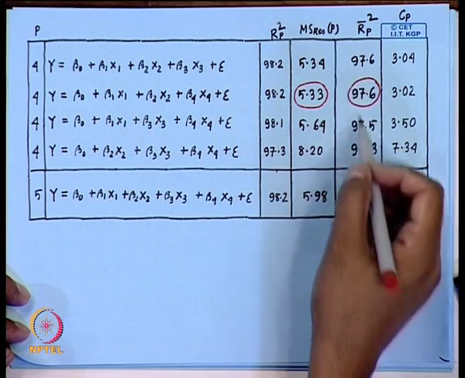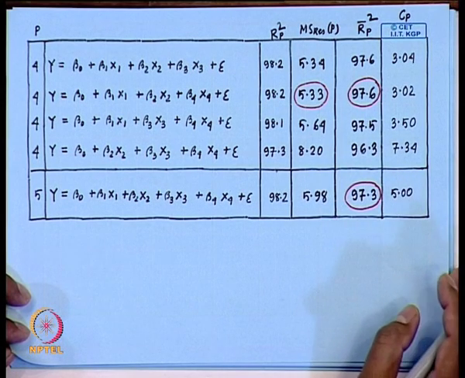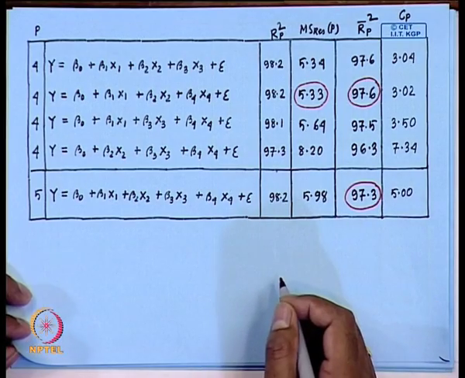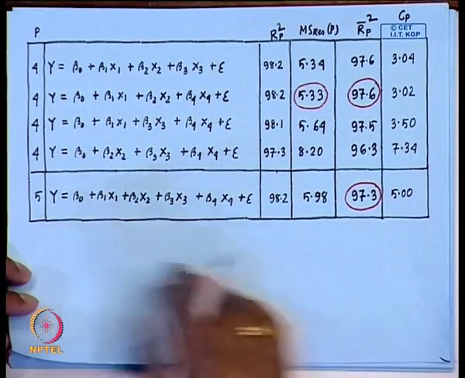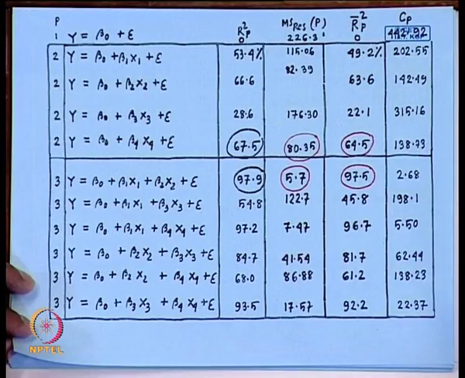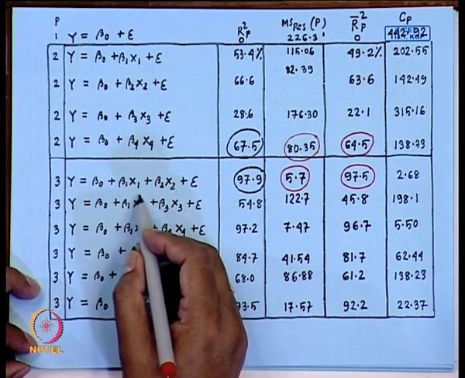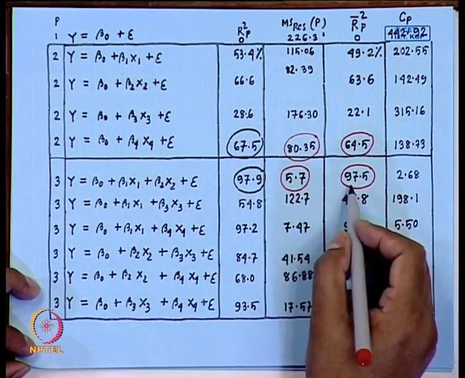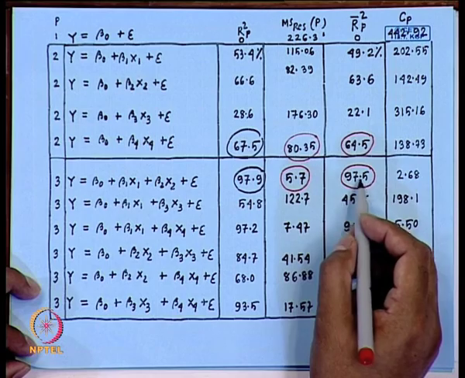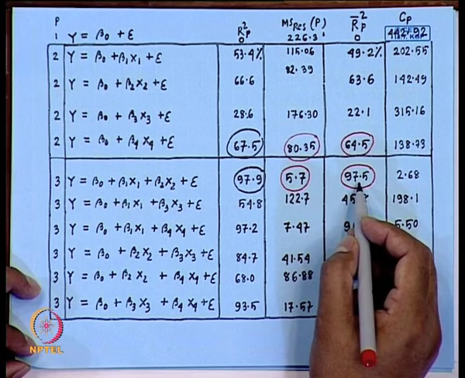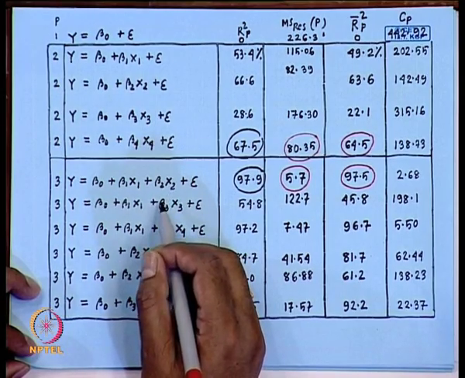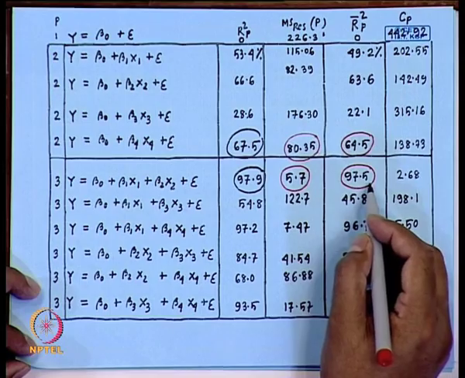They all have a very high value of adjusted coefficient of multiple determination, right. And see the difference here, it is 97.6, and for the 2 regressor variable model the value is 97.5. So, there is a little gain in terms of this adjusted coefficient of multiple determination.